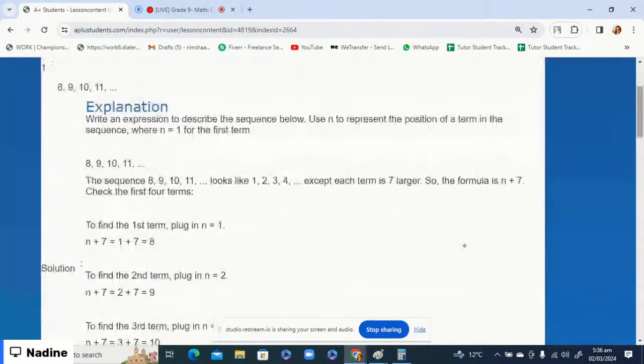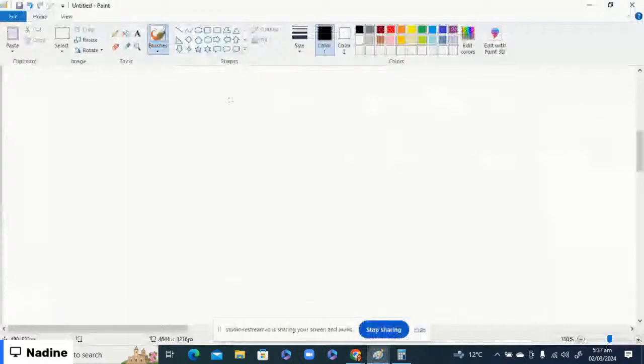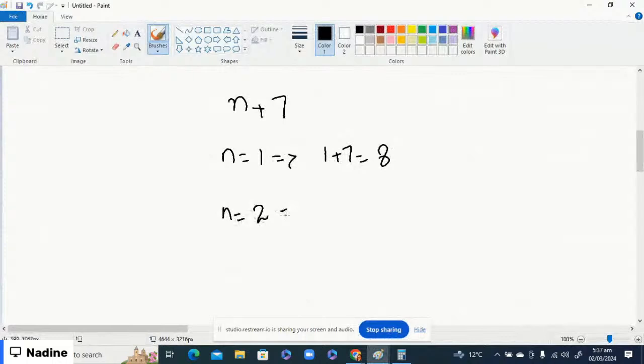So let's find the first term. This is n plus 7. You are going to choose 7 and add it with n, so n plus 7. For the first term, n is 1. So 1 plus 7 is 8. Now the value of n is 2, so 2 plus 7 is 9.